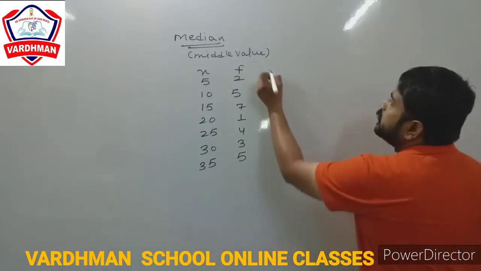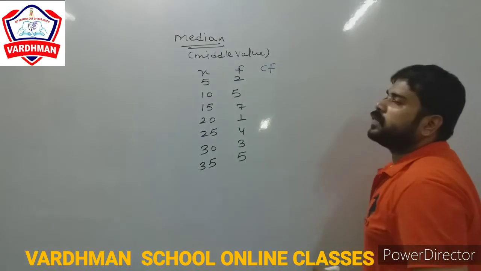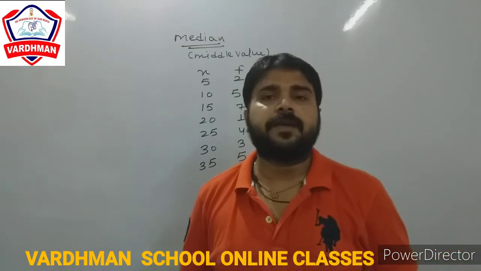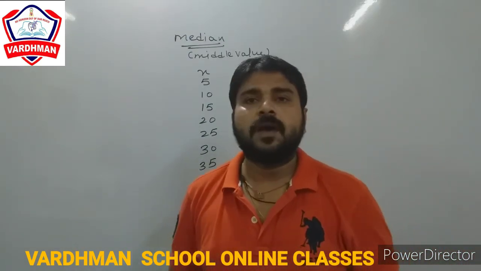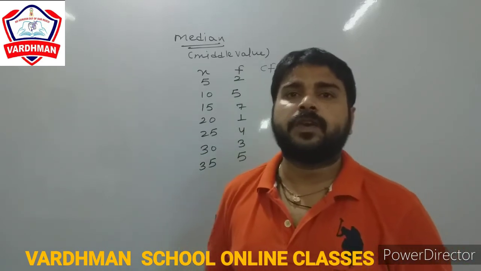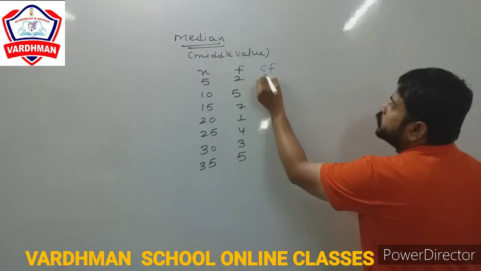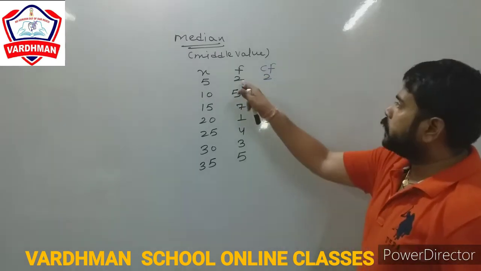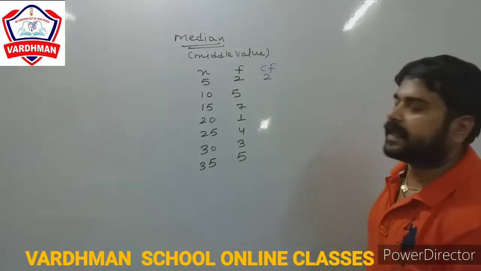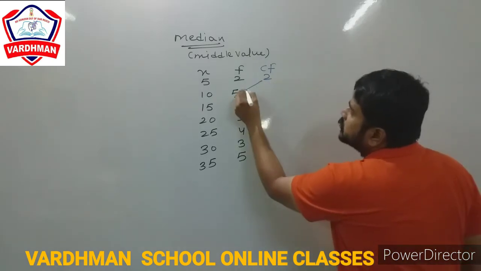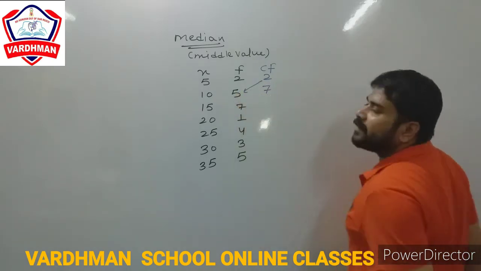In this type of question, first we find the CF. CF means cumulative frequency, a modification of frequency. How to find CF? From the frequency, first take the first data as it is, 2. After this, 2 plus 5 is 7.